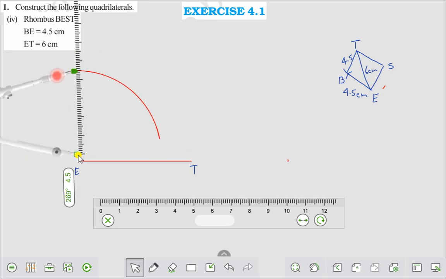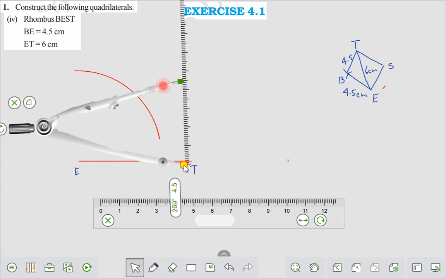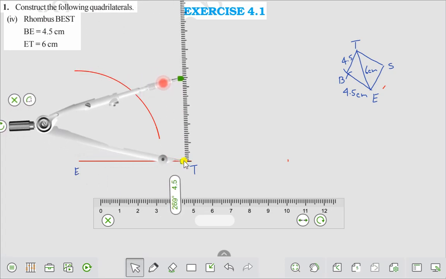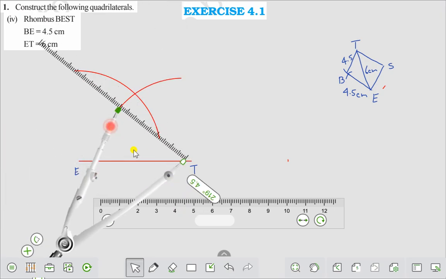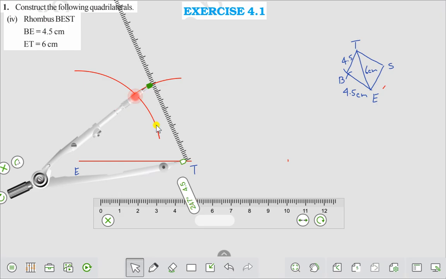Right? Again, take this pointer at T point and draw another arc here. Right? Again, you get this point.